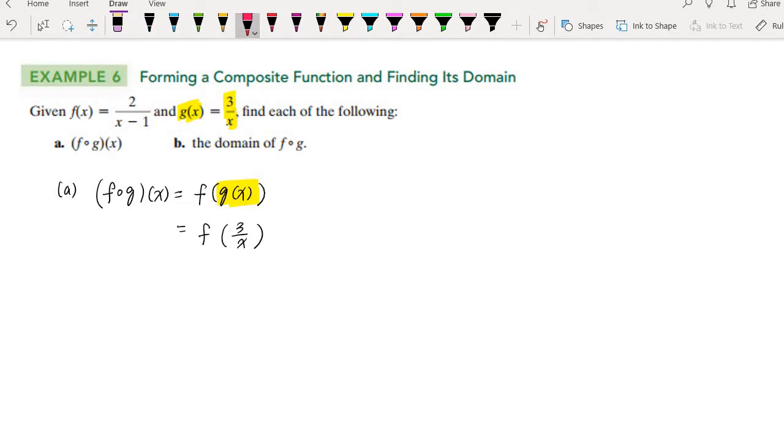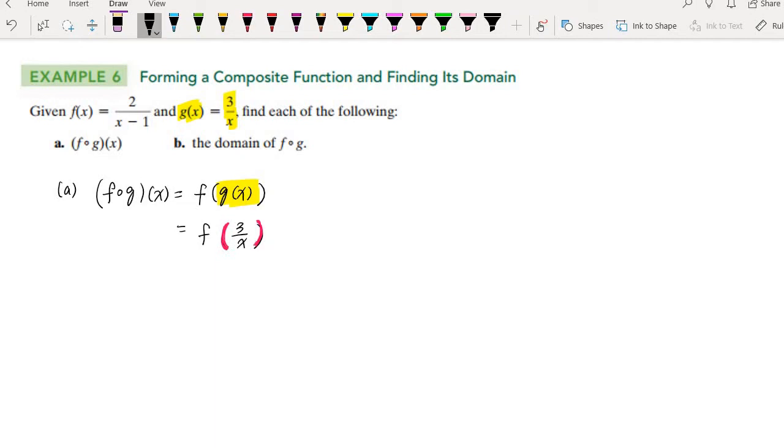Like what I mentioned in earlier cases, once we're looking for f of 3 over x, look at your f function right here. Every x I see, I'm going to replace x with what's inside this parenthesis.